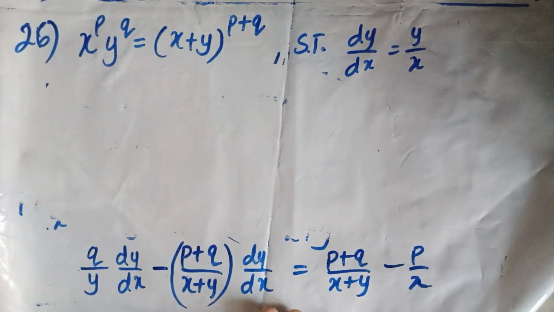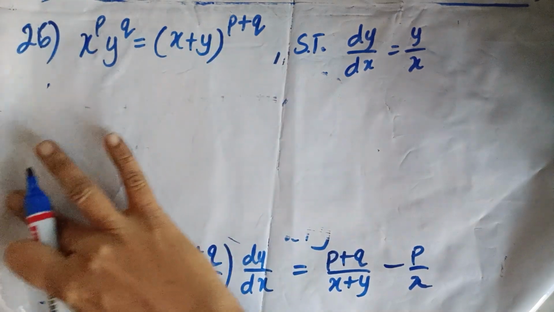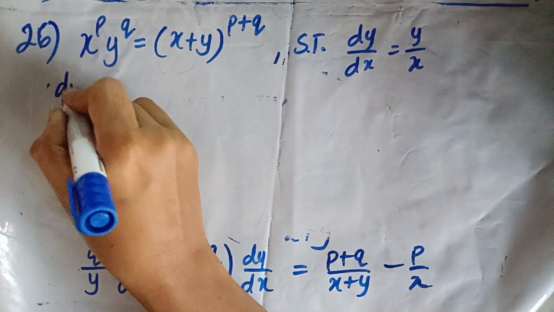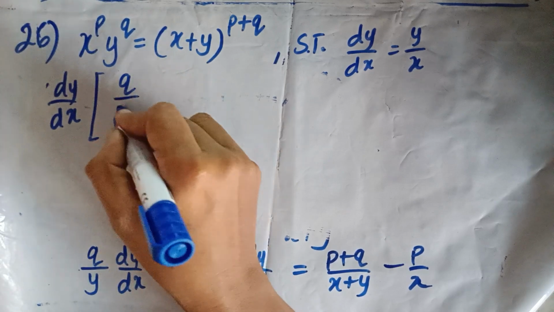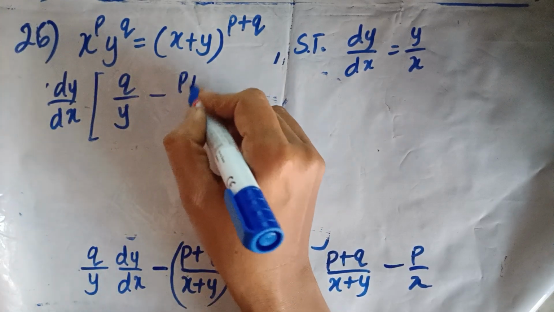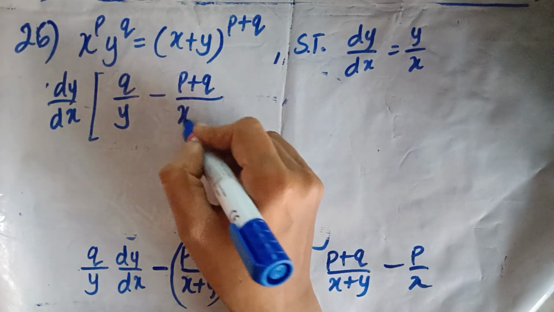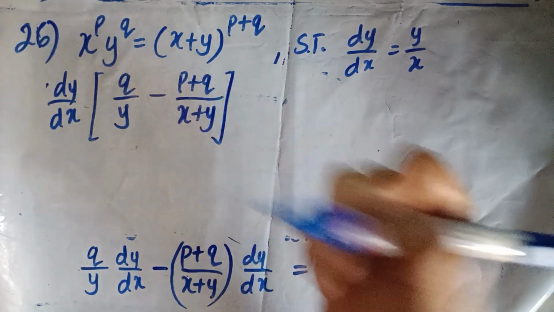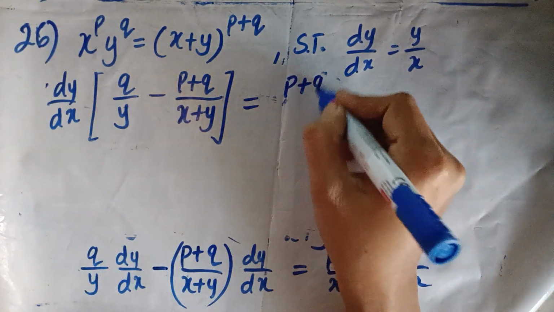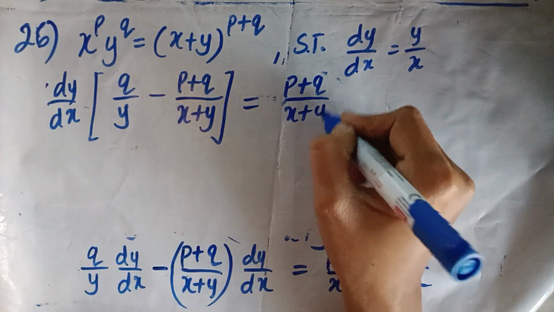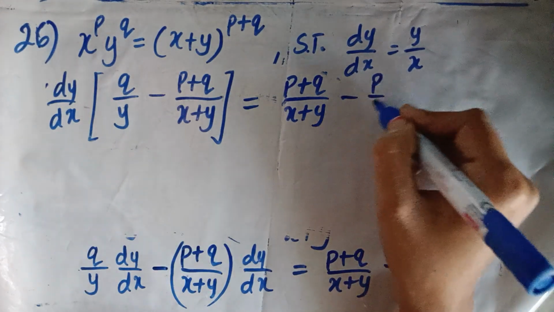So taking common here, dy by dx, q by y minus p plus q upon x plus y, equals p plus q upon x plus y minus p by x.